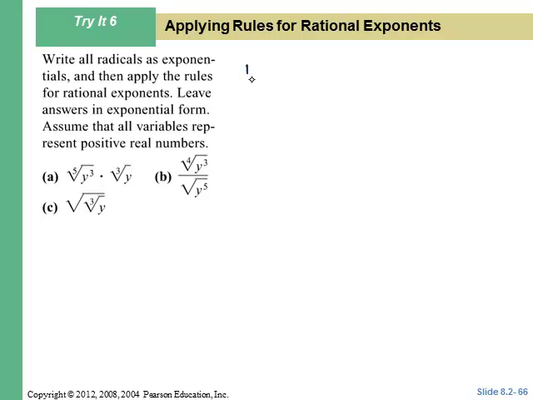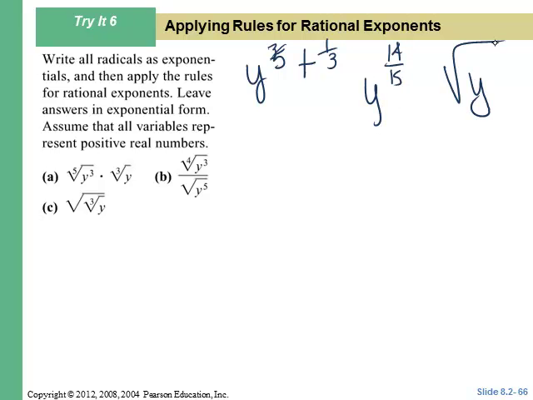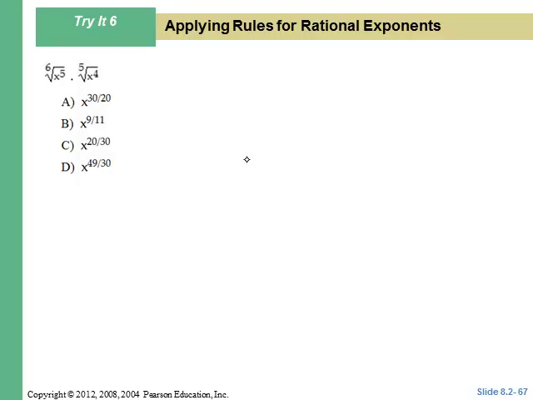This first one would be y to the 3/5 plus 1/3. 3/5 plus 1/3 meets at 15ths. 9/15ths plus 5/15ths is 14/15ths. So it's the 15th root of y to the 14th.